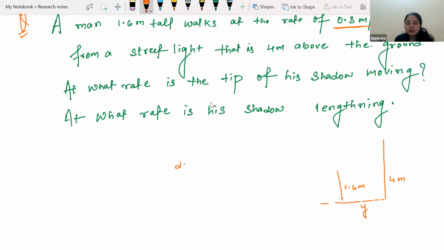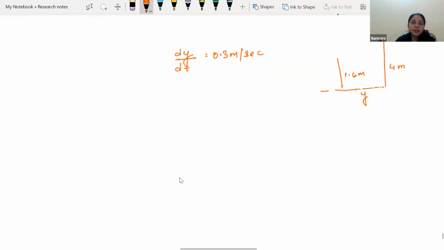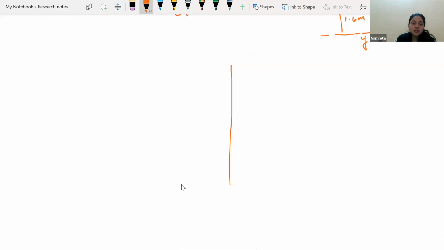So here it's given that dy over dt is 0.3 meter per second away from the street light, as we can see in the figure. At what rate is the tip of his shadow moving? So basically at a certain point of time the man is here, and this is the shadow.